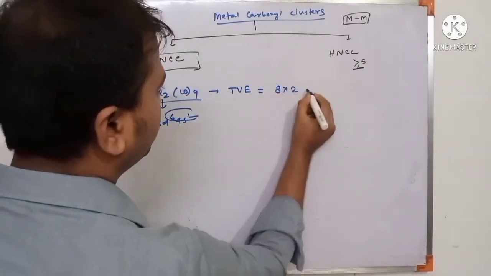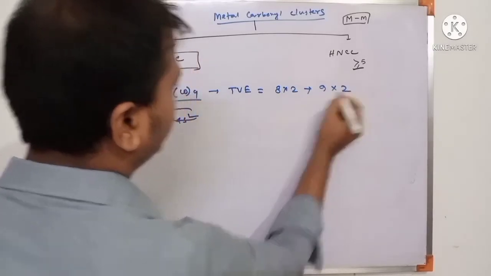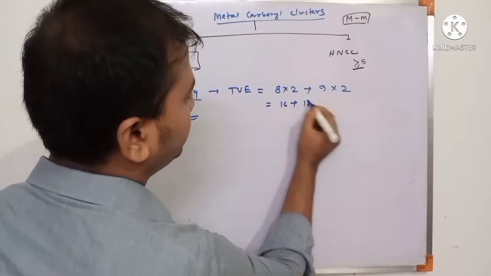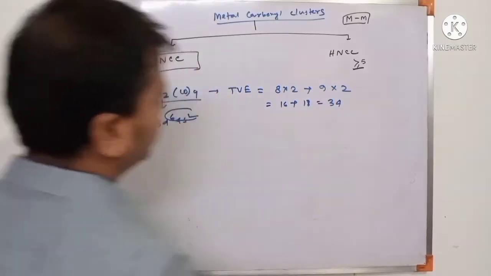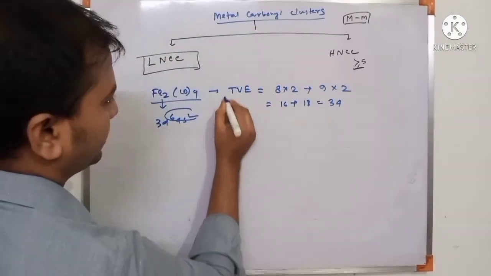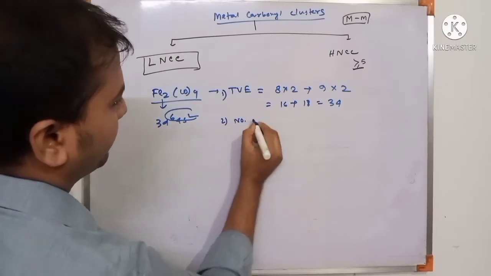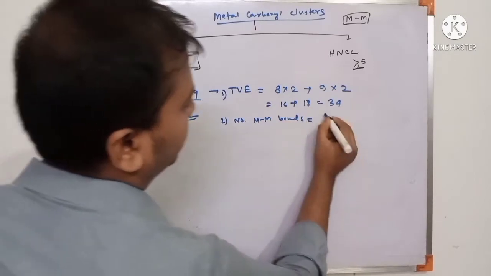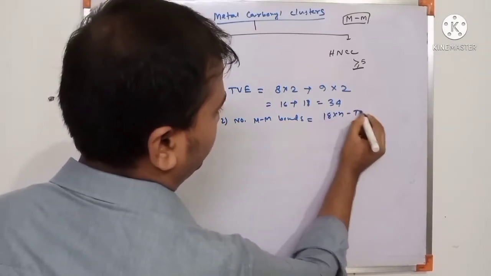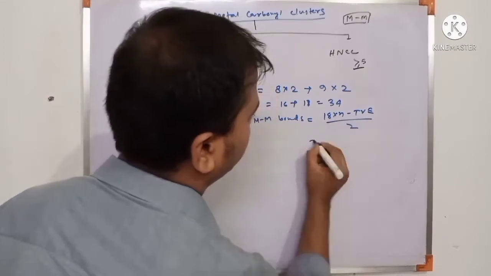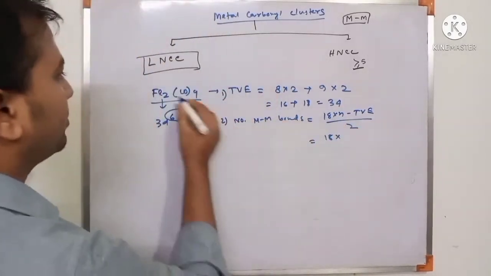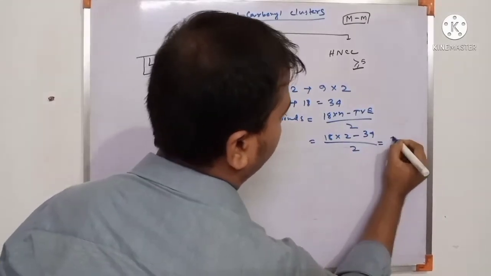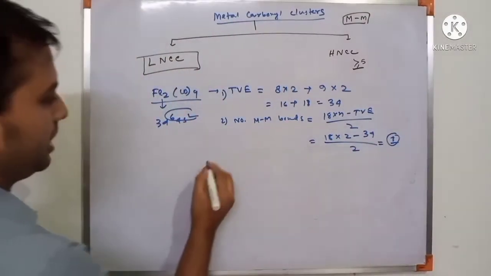So 8 into 2 plus 9 into 2, because 9 carbonyls each contribute 2 electrons, so 16 plus 18 equals 34. Now second, calculate the number of metal bonds: 18 into 2 minus 34, divided by 2, equals 1. So here is one metal bond.